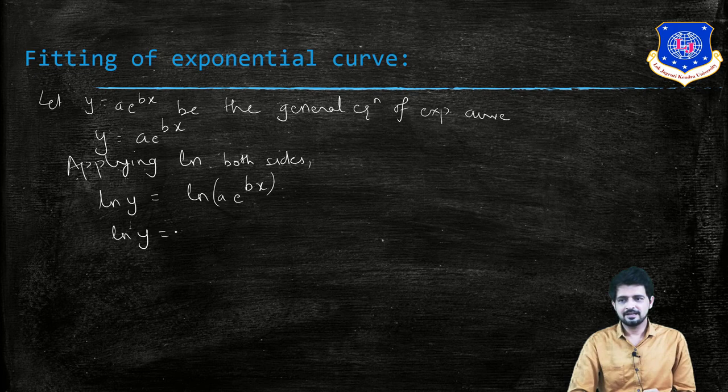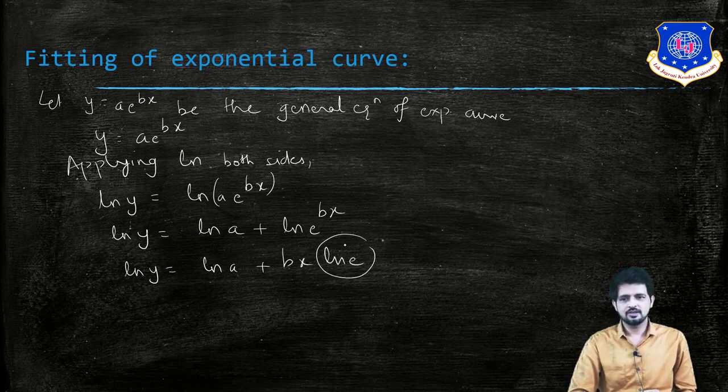If multiplication is there, then I can write addition, using the rules of logarithm: ln y is equal to ln a plus bx into ln e. Now what is the value of ln e? Ln e is nothing but 1. So I can write ln y is equal to ln a plus bx.